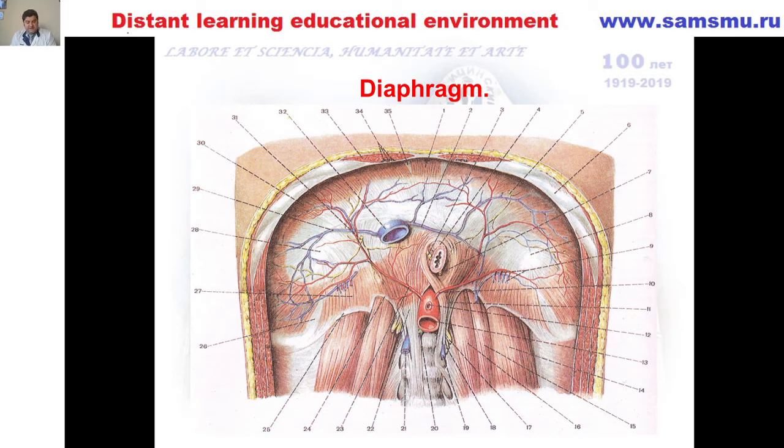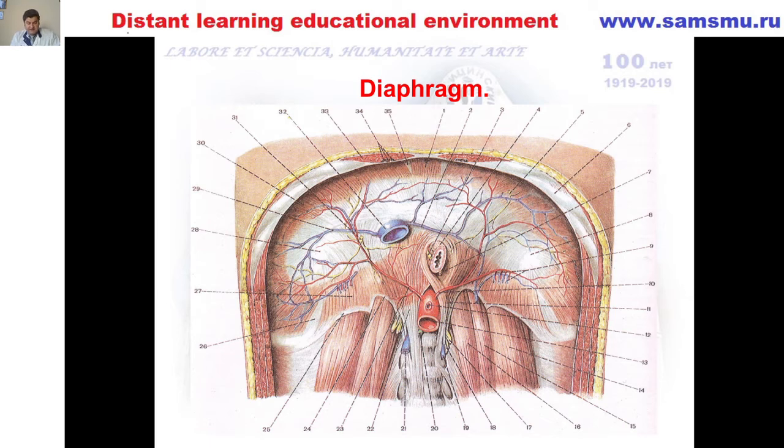Diaphragmatic hernias may protrude through it. The posterior surface of the kidneys and adrenal glands, enclosed in fatty capsule, are contiguous to the lumbocostal triangle.